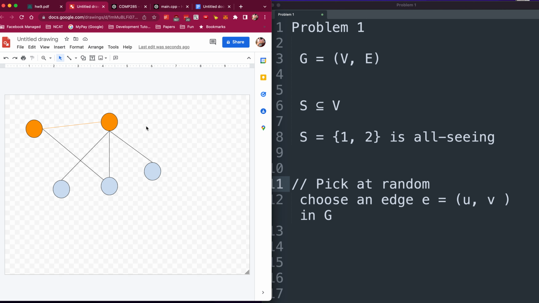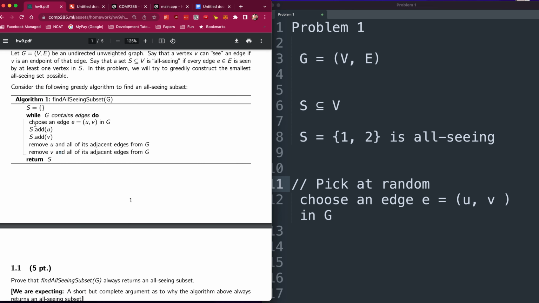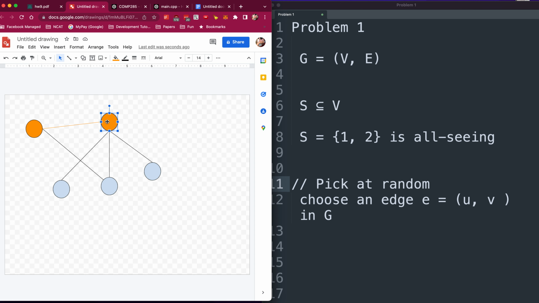Okay, I'm gonna add those two vertices to S. So that's this step in the algorithm, which is S add U, S add V. Then I'm gonna remove U and all its adjacent edges from G. So that means I'm gonna remove this edge, this edge, this edge, this edge, then this edge.